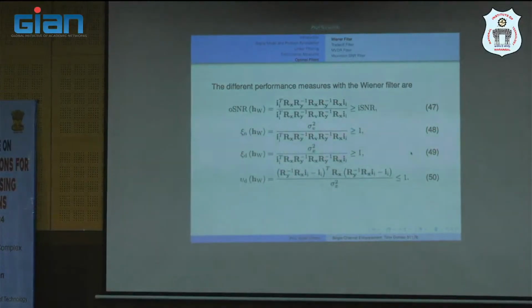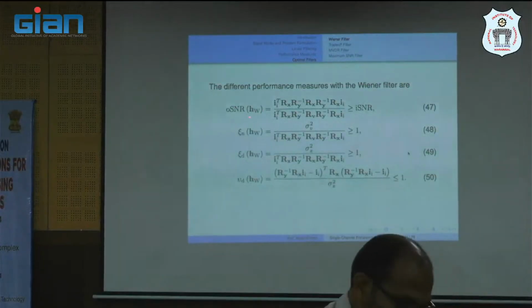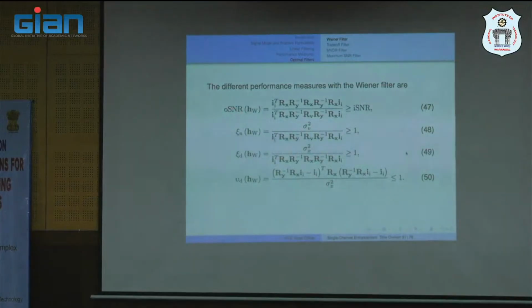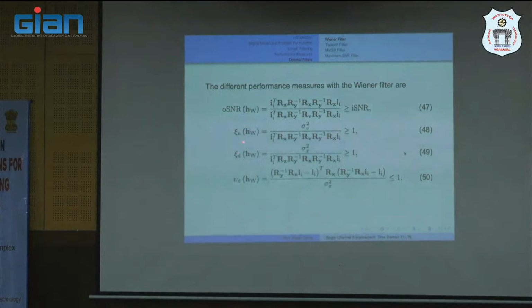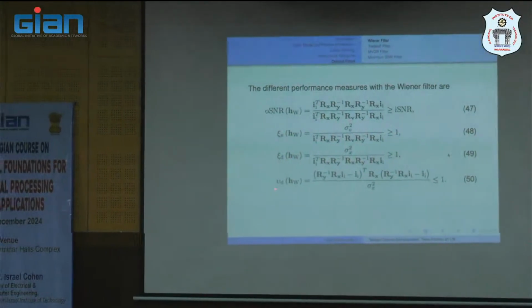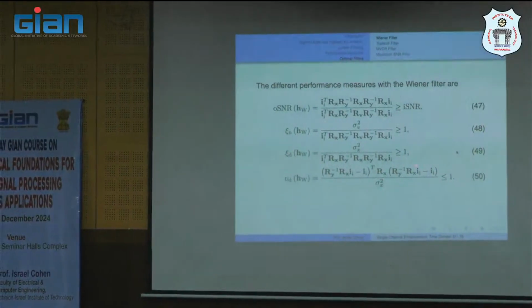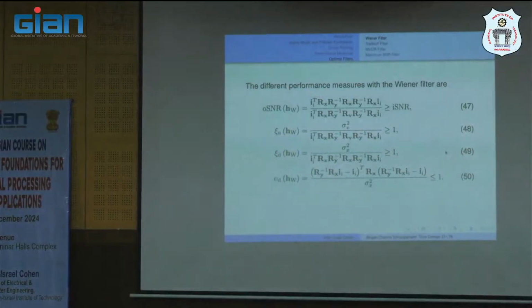So if we use the expression that we obtained for the Wiener filter, we put it in the expressions that we obtained for the output SNR, the noise reduction factor, the desired signal reduction factor, and the distortion index. We get explicit expressions for all of them. Okay?